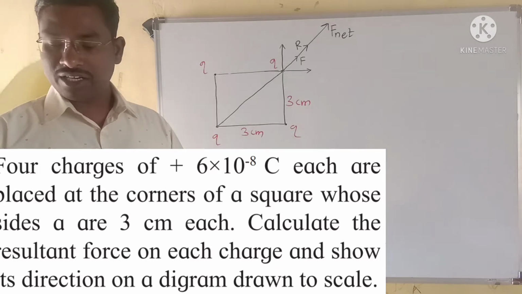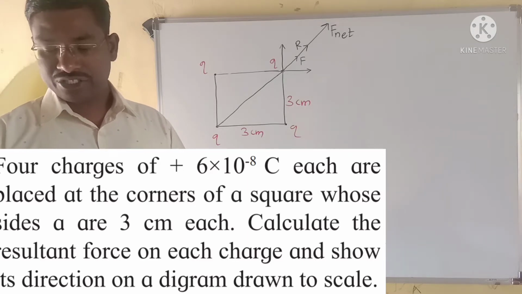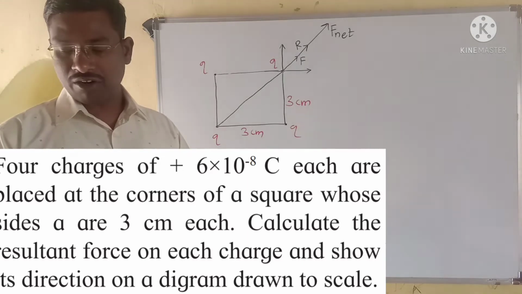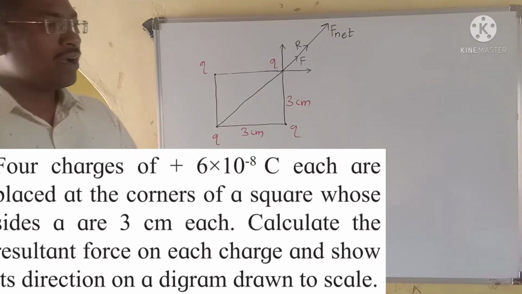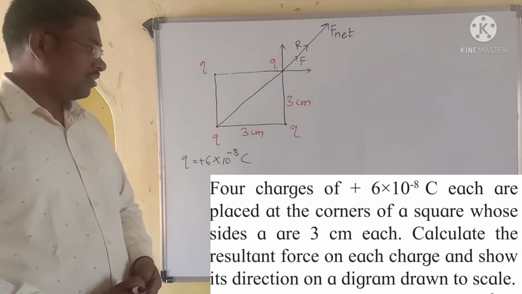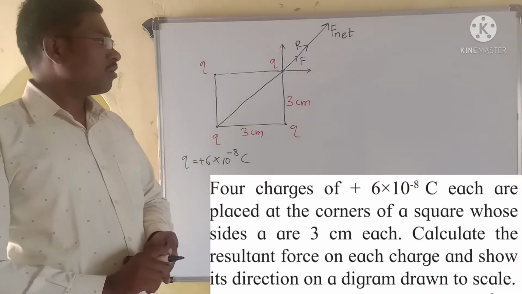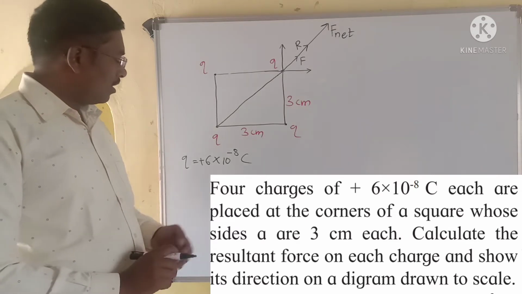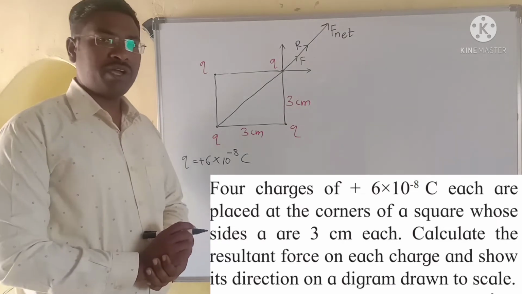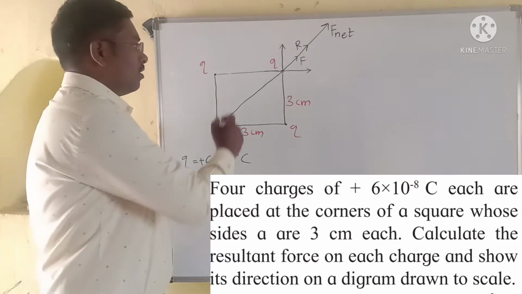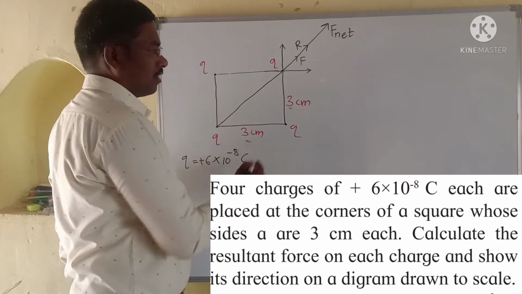Calculate the resultant force on each charge and show its direction on a diagram drawn to scale. We are given four charges, each of magnitude plus 6 into 10 raised to minus 8 coulomb, and each charge is placed at a corner of a square whose each side is 3 centimeter.